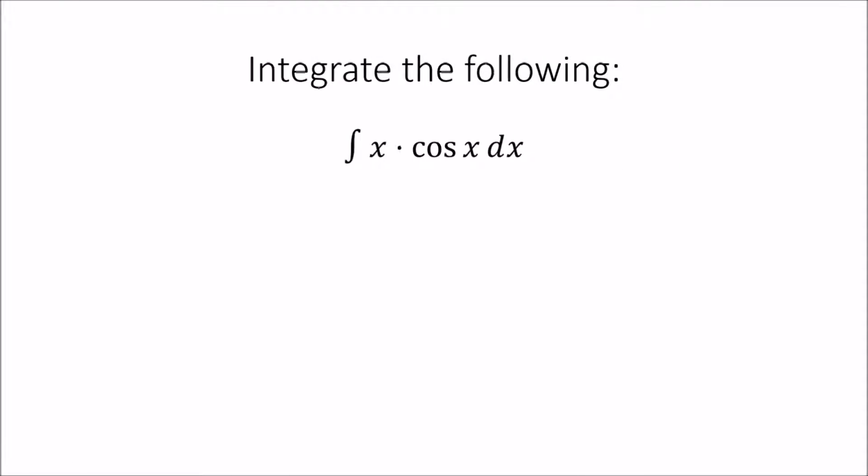And so back to this problem, we have x here, which is a polynomial, and then cosine of x, which is T for trig. And based on LIPET, since P comes before T, we use this for our u, and then cosine of x dx we'll use for dv. Alright, and now let's get everything ready so you can just plug in the values.